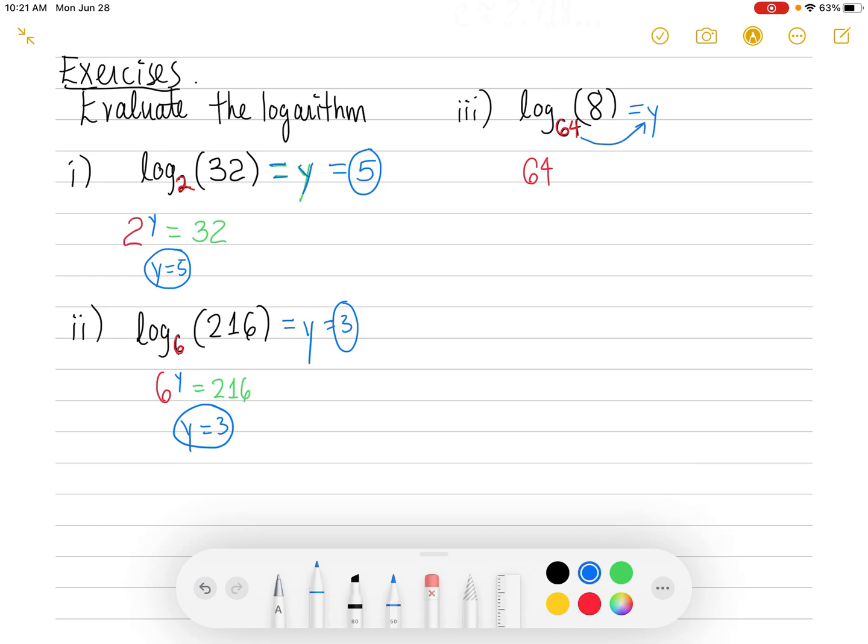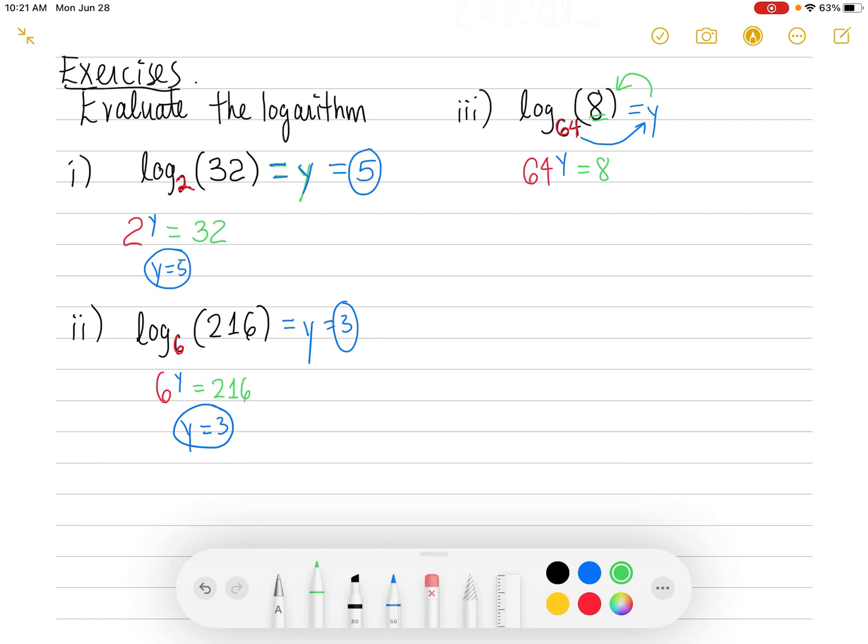Well, we're going to set it equal to y first. And we're going to write down our logarithmic base, which is 64. We're going to make it an exponential base of 64. So we're going to take 64 to the yth power, and we're going to say that equals our argument 8.